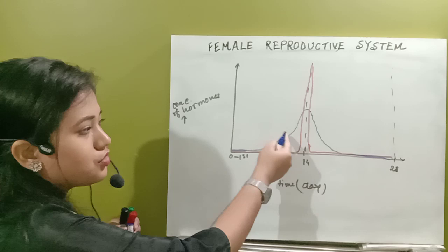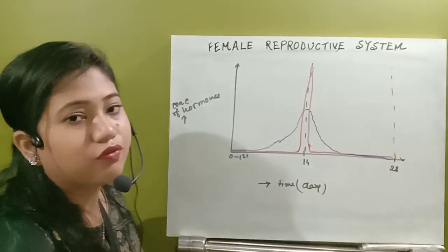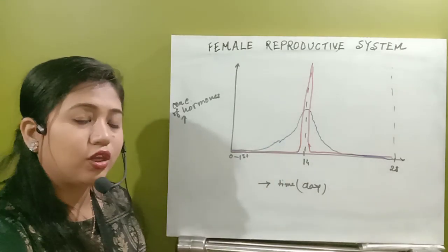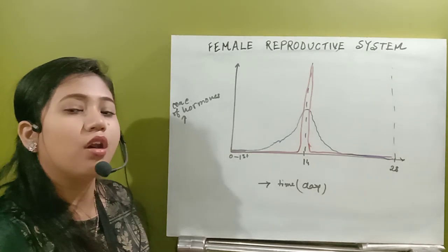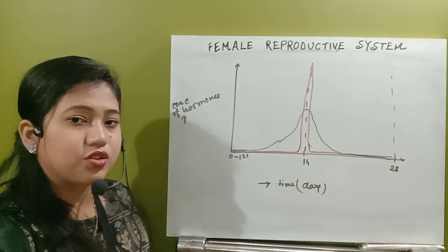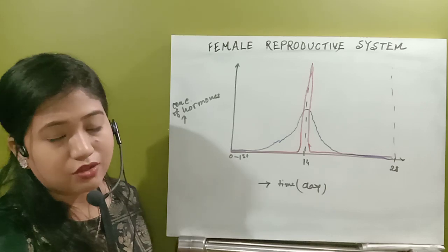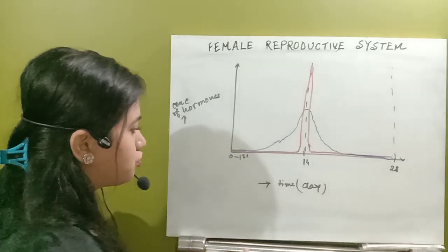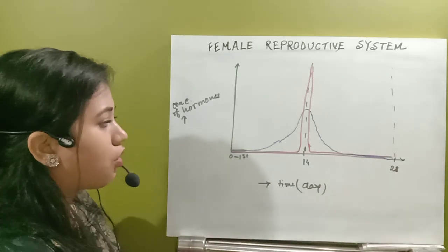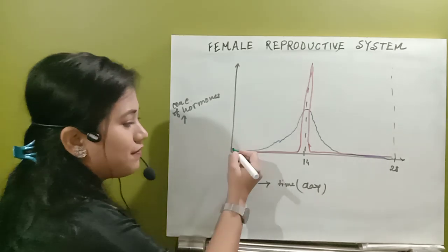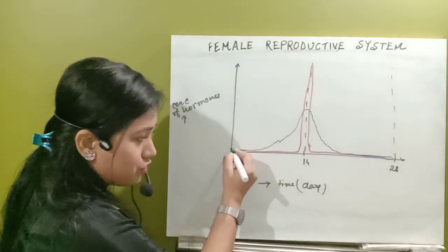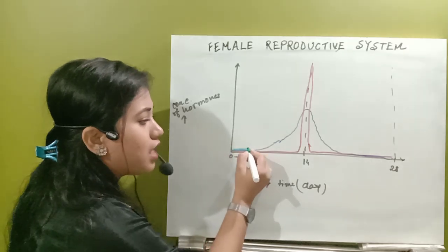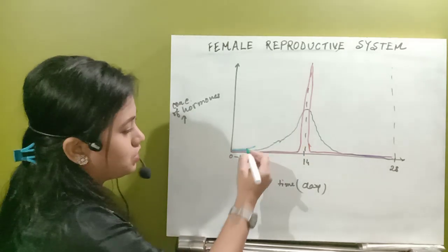With the release of FSH, we can see the follicular process, the folliculogenesis, or the formation of the secondary follicle and the tertiary follicle from the secondary, will be started. So what happens for estrogen? Estrogen will start to increase as FSH increases.